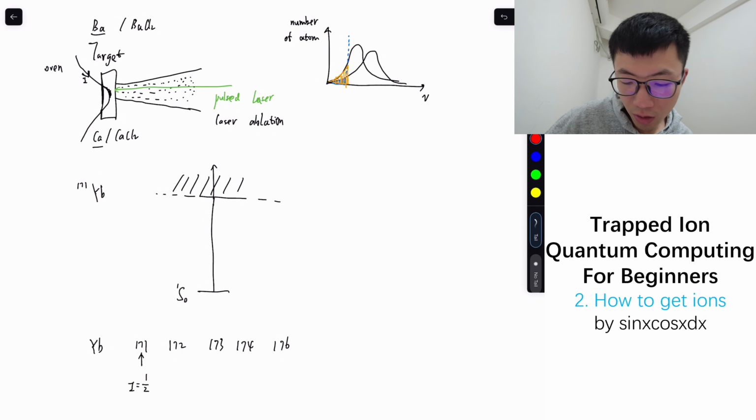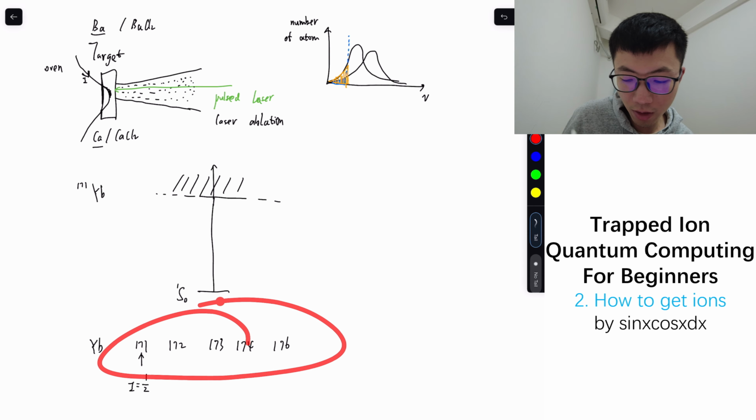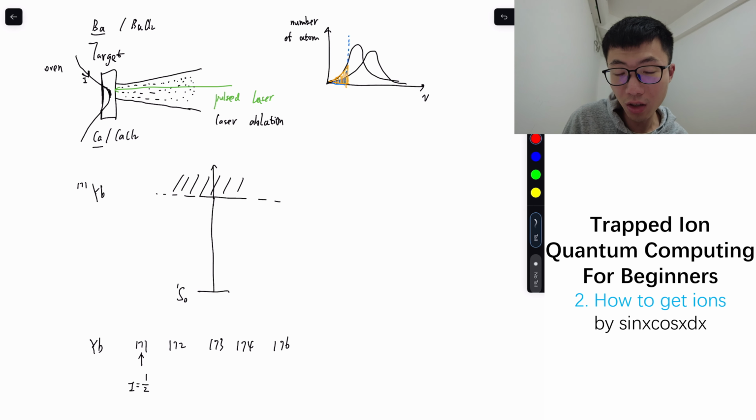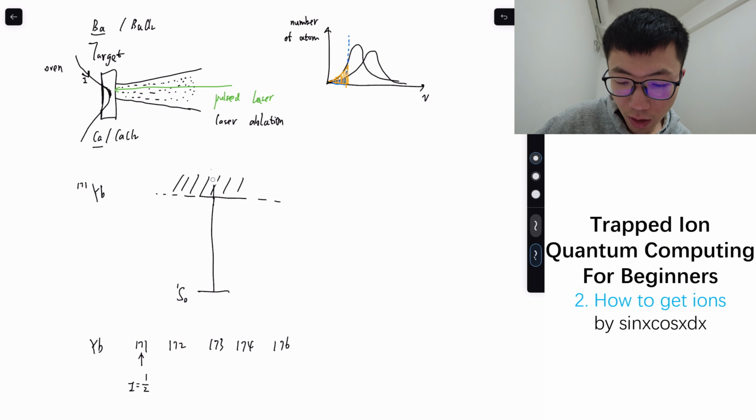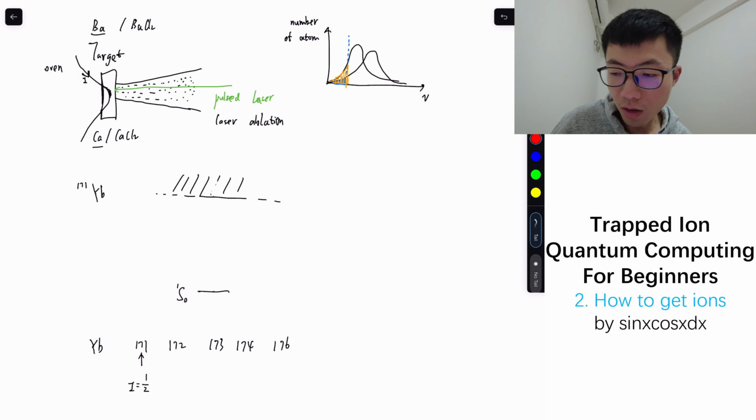Because the ionization energy is very near for these different isotopes, and the energy of the laser photon must be much higher than the threshold, so it's impossible to distinguish them. However, we can have another way. We can use another layer. We can have a so-called two-step ionization.